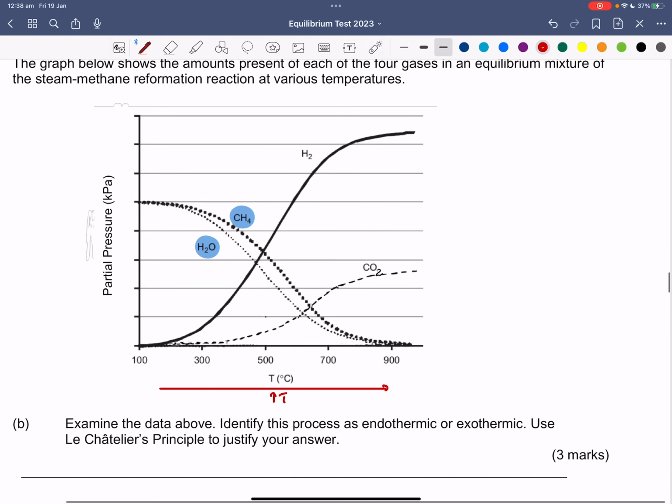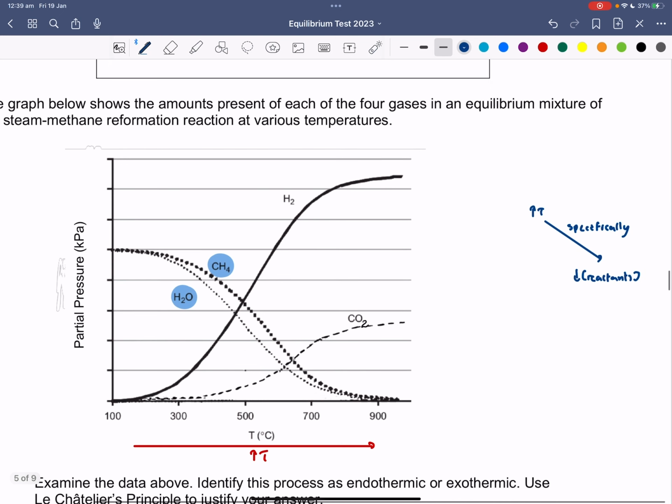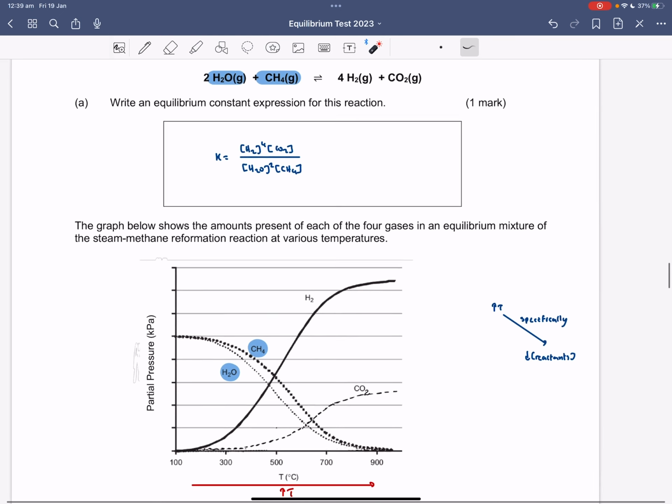So I'm just going to write this down. Increase in temperature. In this particular case, we're noticing that as there is an increase in temperature, we have a decrease in the concentration of reactants. And what's the H2 and the CO2 doing?